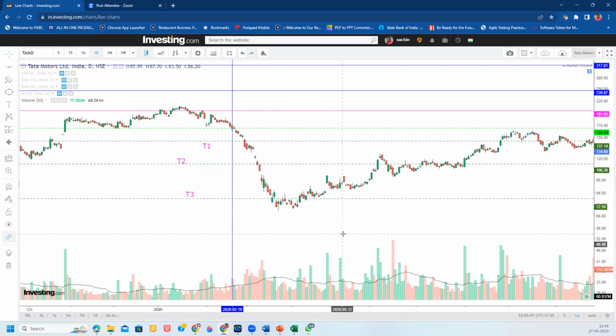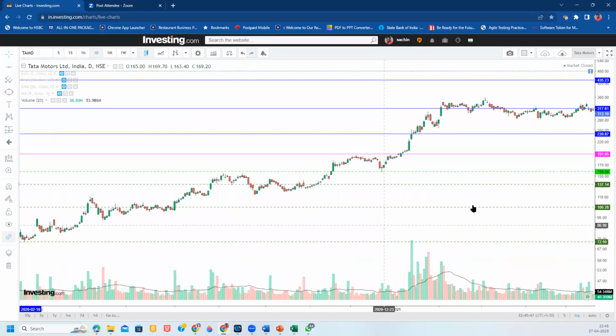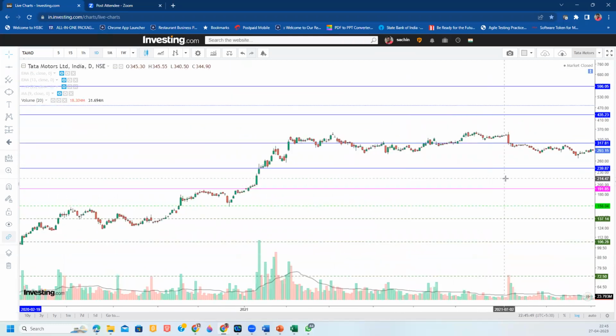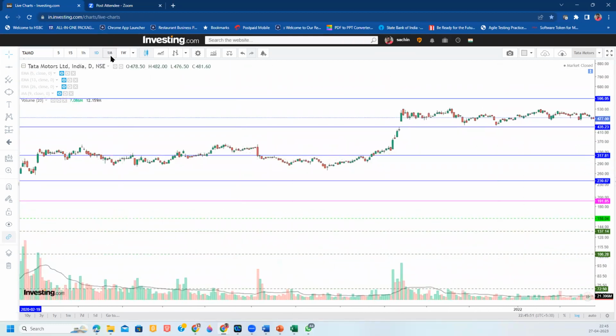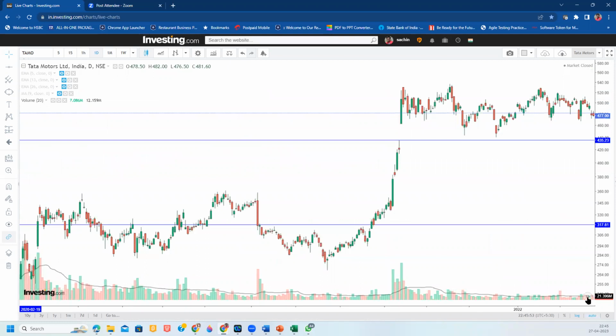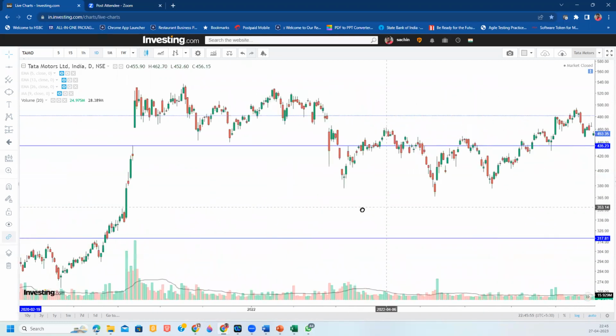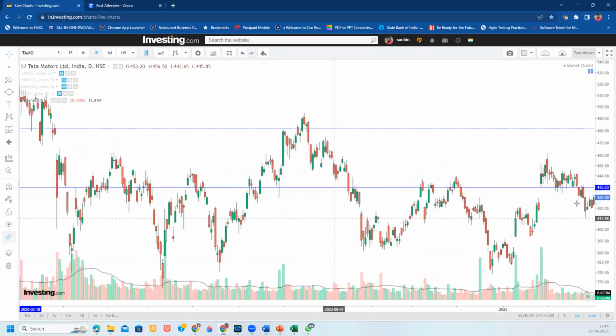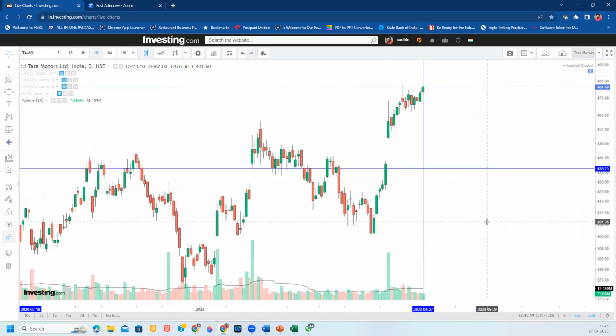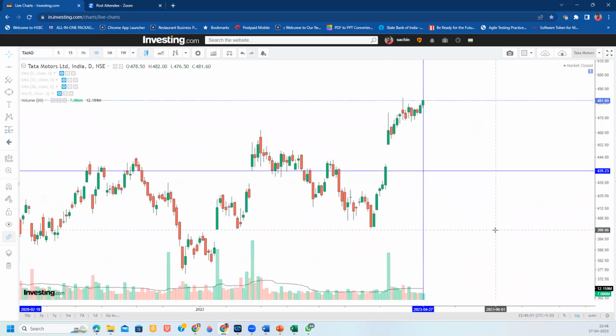I choose a particular stock, do the analysis and keep it ready: if this happens, I will take that risk. For example, if it is Tata Motors, I will do the study now or in the morning, when the market is not live.